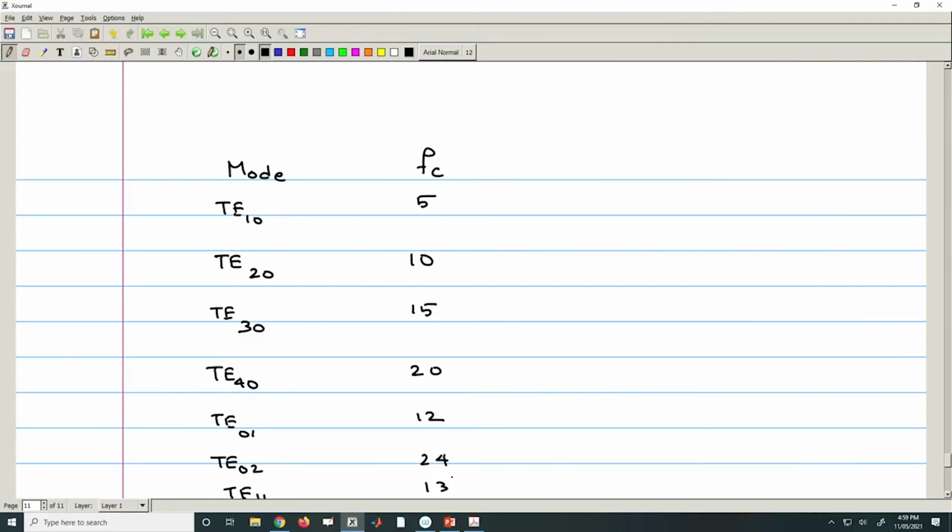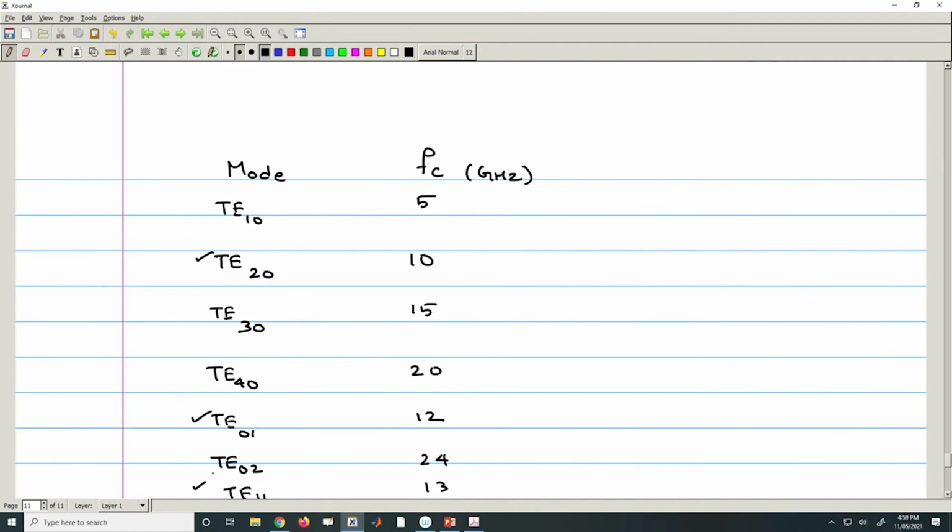Okay, so we need to calculate the cutoff frequency of the next 3 higher TE modes. In the question it's given that for TE10 mode it's 5 gigahertz. So we need to calculate the next 3 higher TE modes. These are all in gigahertz. Greater than 5, the next 3 higher TE modes will be TE20, so 10, and then 12, that is TE01, and then 13, that is TE11.